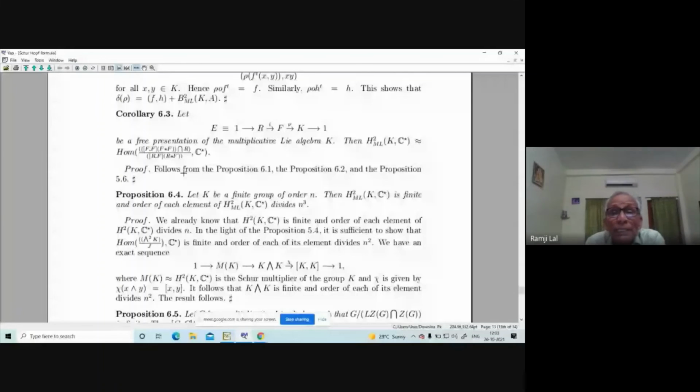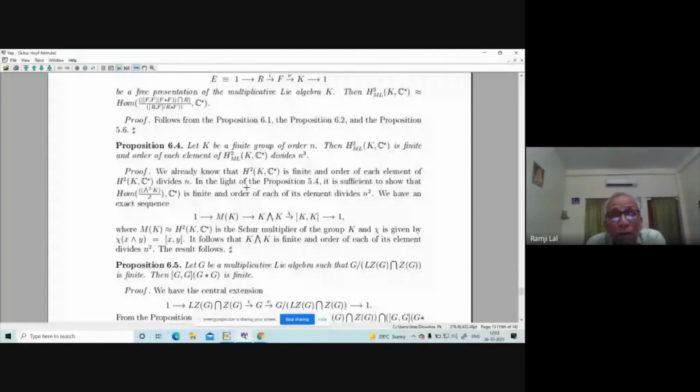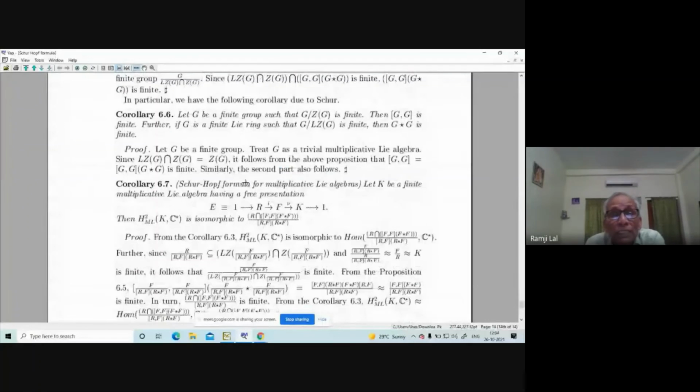And therefore this is finite. Once this is finite, the Hom of this is finite, so therefore this is isomorphic to this, and that gives the Schur Hopf formula that H2 MLK C star is isomorphic to this inside this. So that is the Schur Hopf formula. You see that the commutator is really contained in the center of this, and use that fact.